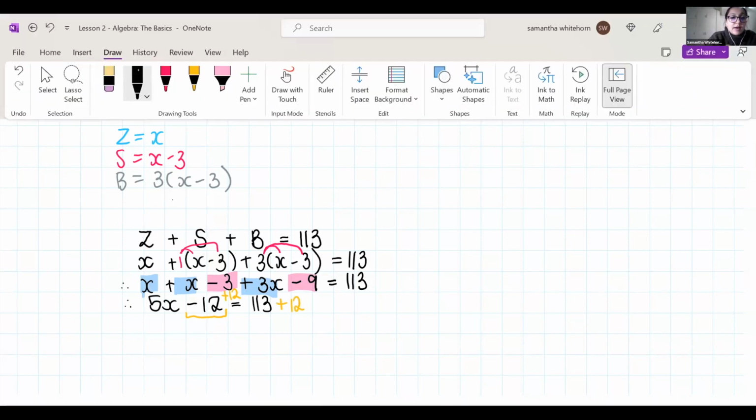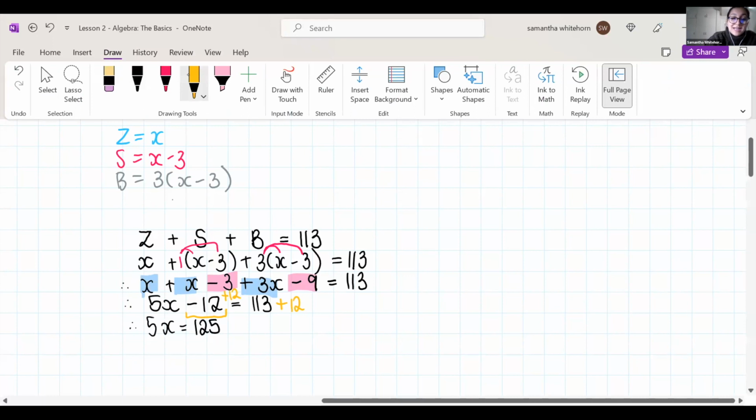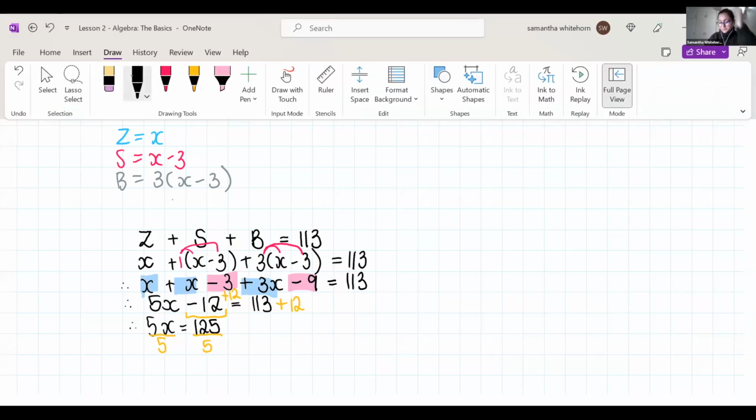So what I now have is 5x is equal to 125. And once again, I don't want 5x, I want x. So if I want to get rid of this 5 times x, I do the opposite, I divide. But if I'm going to divide the left by 5, I must divide the right by 5.